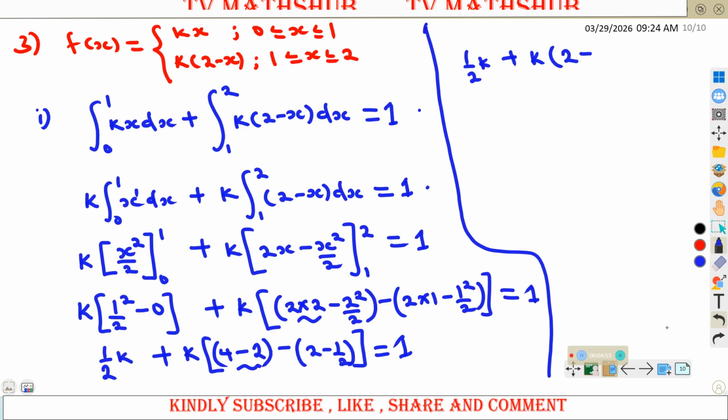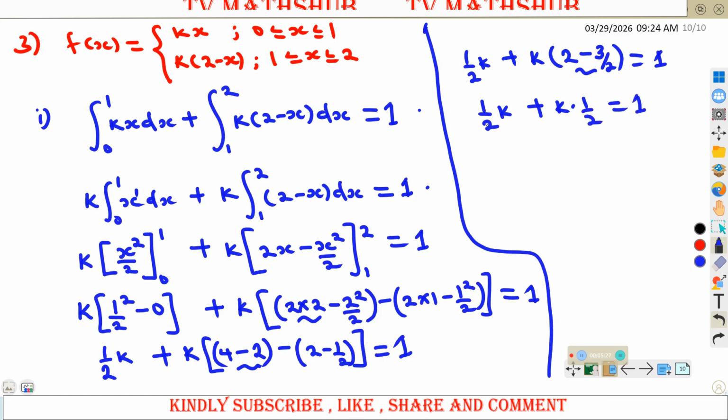So 2 minus a half will give us 3 by 2, which is equal to 1. So this is same as having a half k plus k times 2 minus 3 by 2, which is a half. So that is k times a half, which is equal to 1.